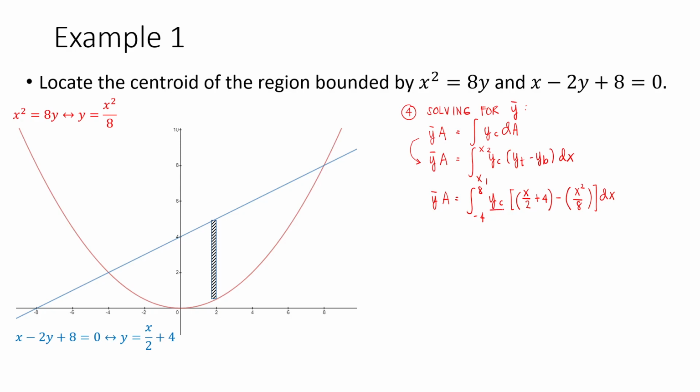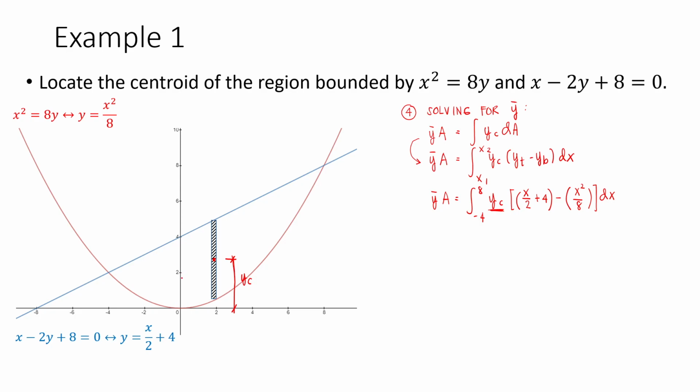So we need to transform y sub c into the corresponding values of x. Let's say this is the centroid of your differential area, and this is your y sub c. Again, the distance is in the y direction. So how are we going to make it in terms of x?